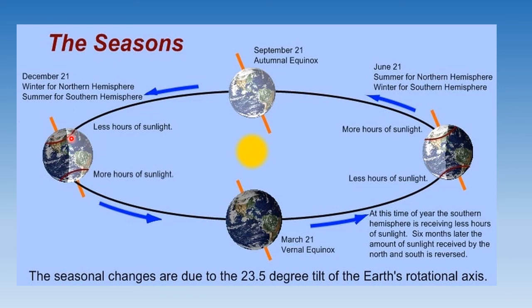But over here, when the northern hemisphere is tilted away from the sun, at 6 o'clock in the morning it's dark when you come to school during winters, right? So the nights are longer than the days. So this position of the earth is called the winter solstice, when it is winter for the northern hemisphere and summer for the southern hemisphere.